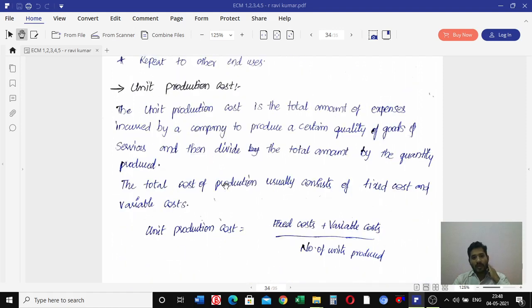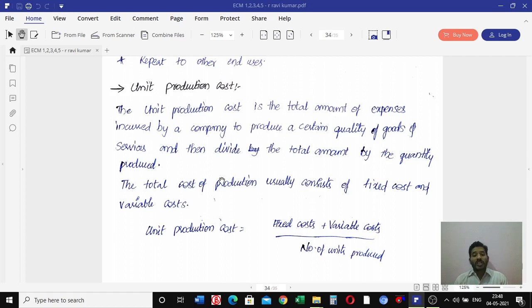Another one is unit production cost. Unit production cost is the total amount of expense incurred by a company to produce a certain quantity of goods and services, and then divide the total amount by the quantity produced.